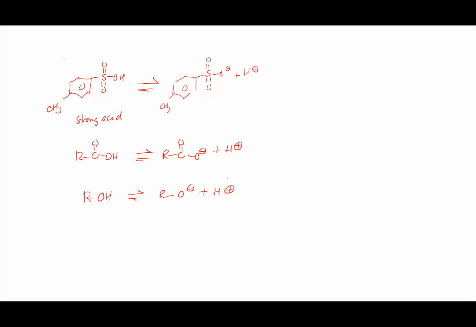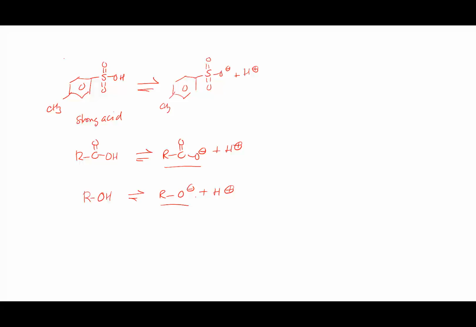Why is that? Because in each one of these cases, going from top to bottom, the conjugate base is more stable. Why is the carboxylate here more stable than an alkoxide?